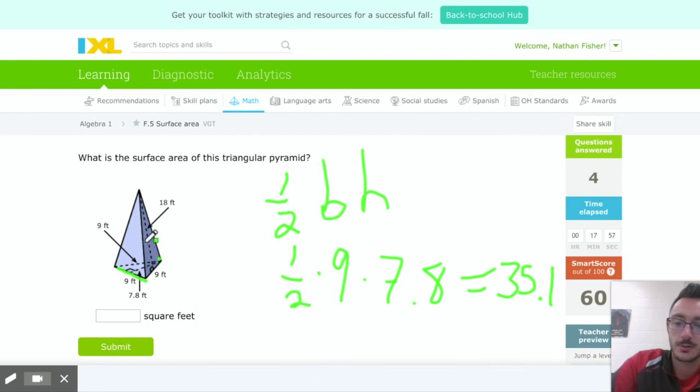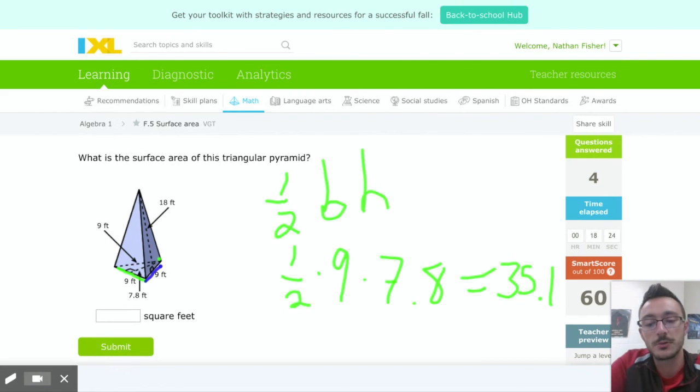Next, based on the measurements it's given me, I think all these sides are the same. So what that means is I would have this as the base, 9 again, but this time the height would be 18. Looks like this would also be 9 and has to be 18 to get to the top, and it's telling me that the back is also 9. So the next are all going to be the same.